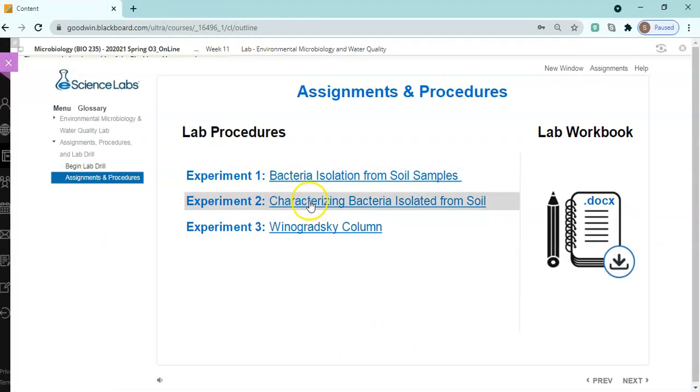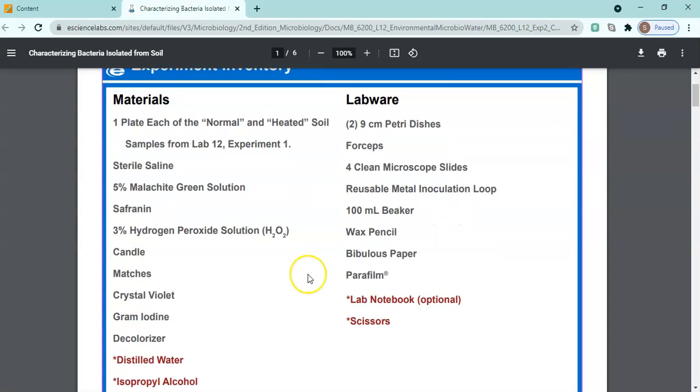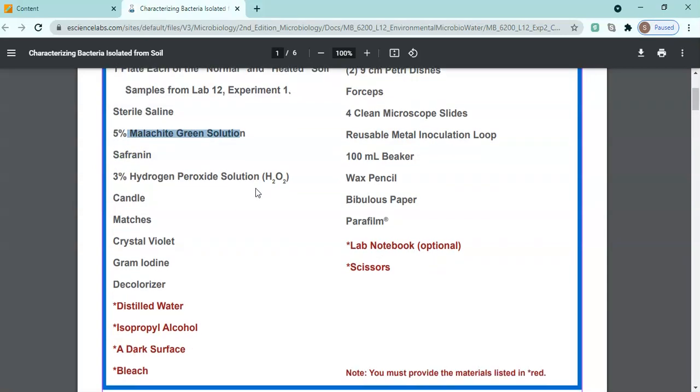And then also we were going through and doing a characterization of our soil samples, looking specifically for our endospore formers. So we utilized an endospore staining, which utilized a green stain called malachite green.